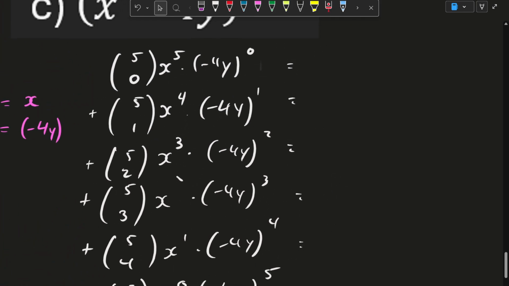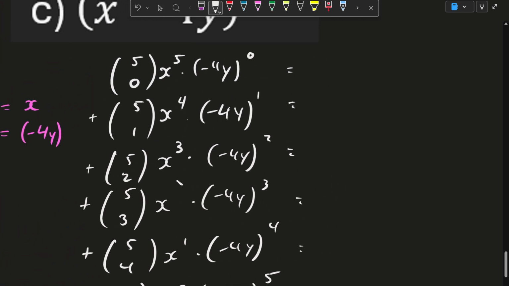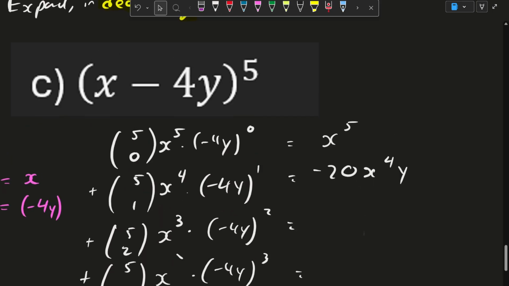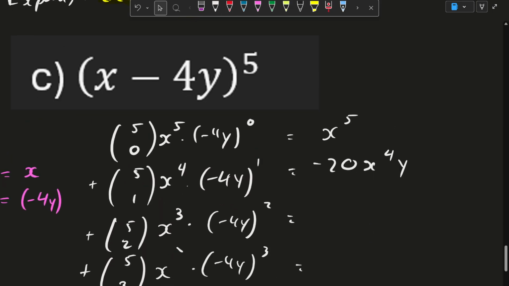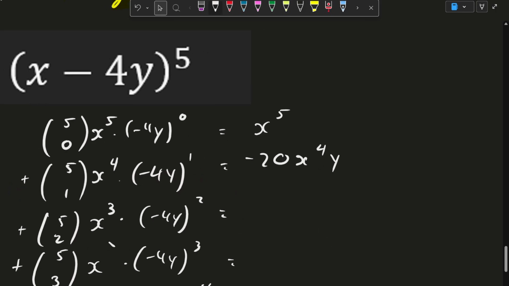So in the case of this, we have 1 times x to the 5 times that, so that becomes x to the 5. 5 choose 1 is 5, so we have 5 by minus 4, which is minus 20 x to the 4 times y. Which, if we're considering decreasing powers of x, I would actually write the other way around. So I'd write it as 20y times x to the 4.